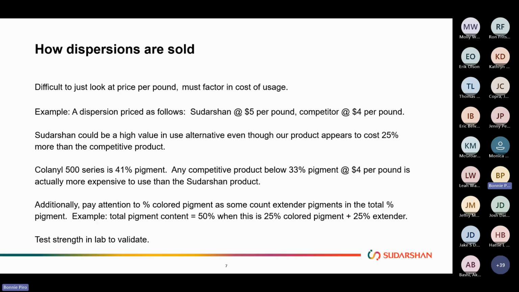So getting an equal pigment to pigment basis is the first thing, and then a strength to strength basis is the second item to be able to compare two different dispersions. That will allow you to understand what the cost of usage is, as well as what the value in use might be.